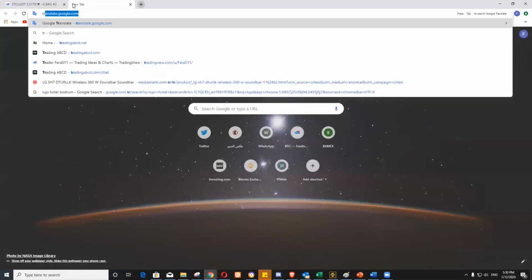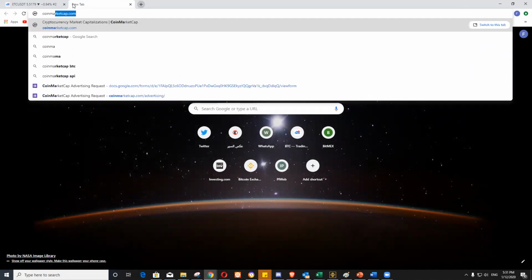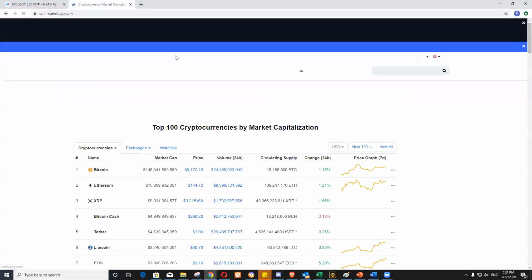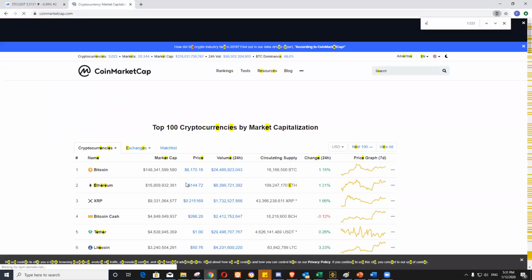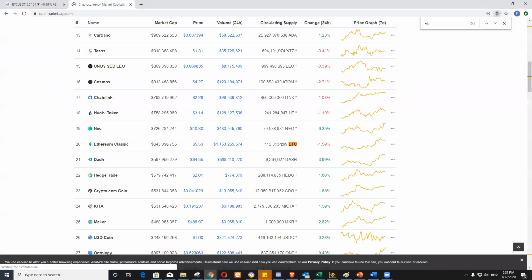So we can go directly to CoinMarketCap, and we can search for Ethereum Classic, ETC. Ethereum Classic is ranked number 20, and its market cap is around $0.6 billion.